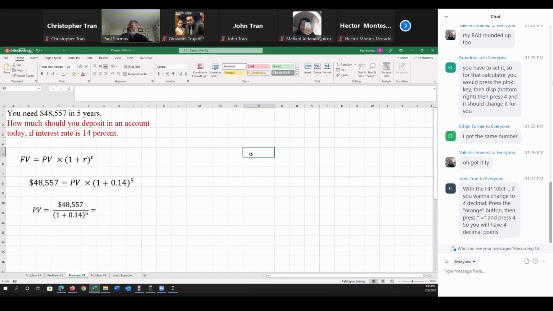Then all I have to do if I'm using the calculator, the TI calculator, you know how to clear. You do 1.14 equal, you get 1.14.